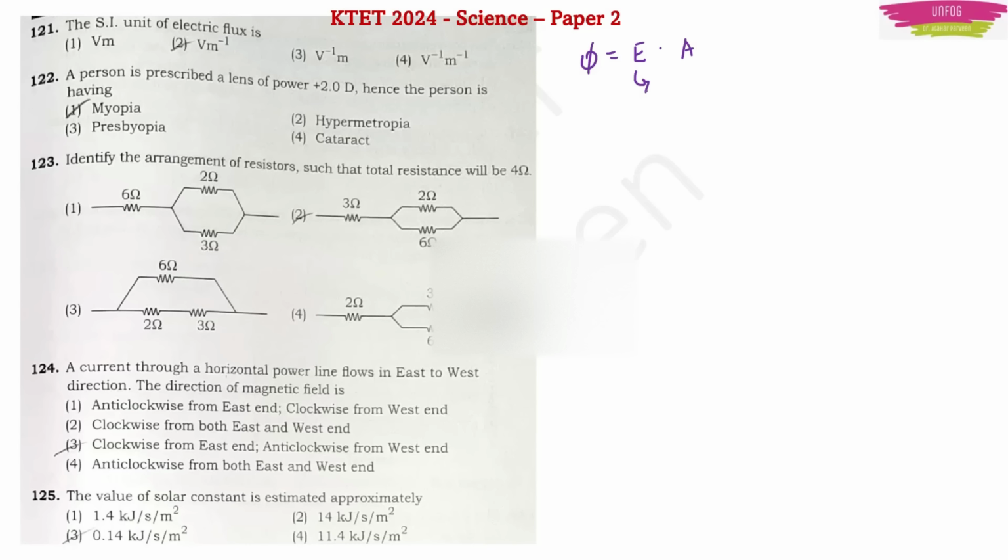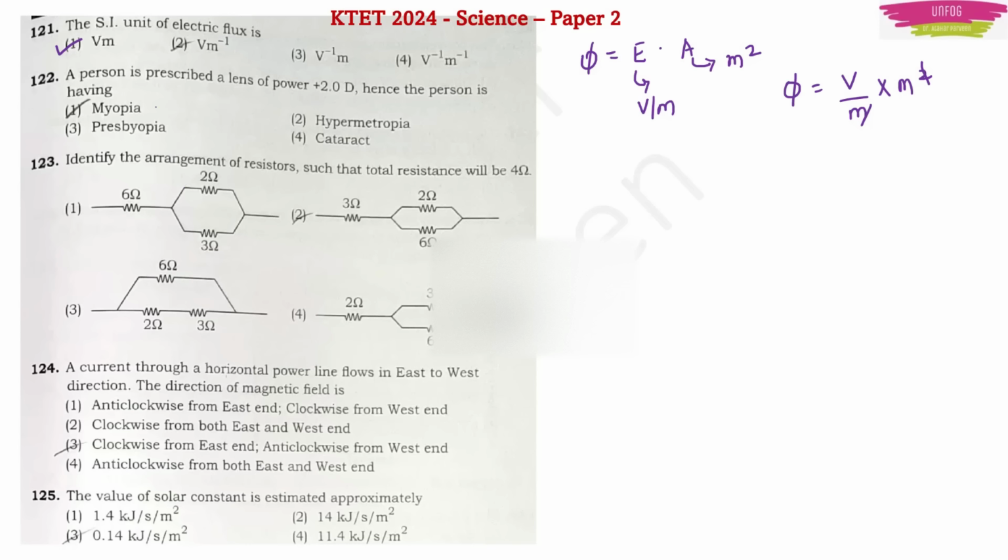The unit of electric field will be volt per meter, and the unit for area will be meter square. So the unit for flux should be volt by meter into meter square. One meter will get cancelled, and option 1 will be the correct answer here, that is volt meter.